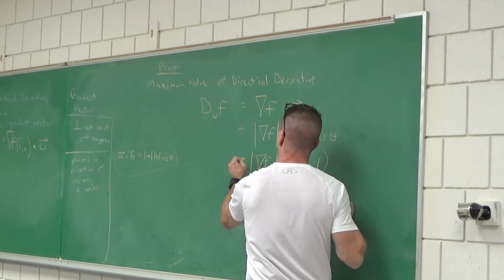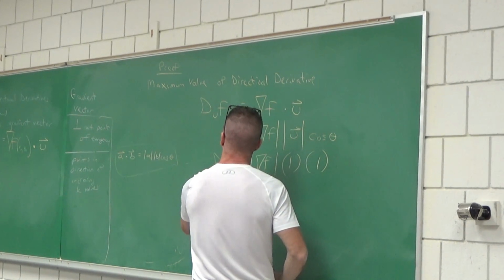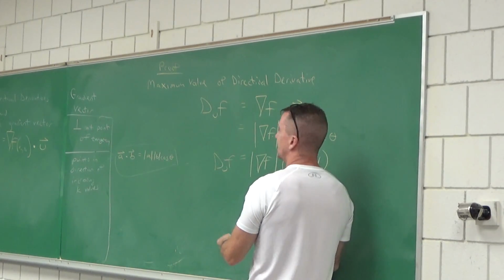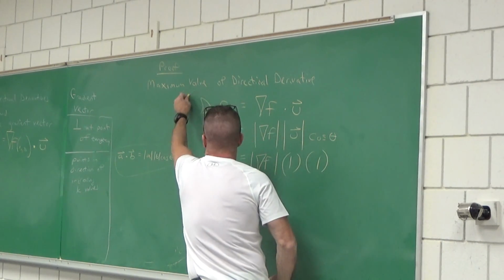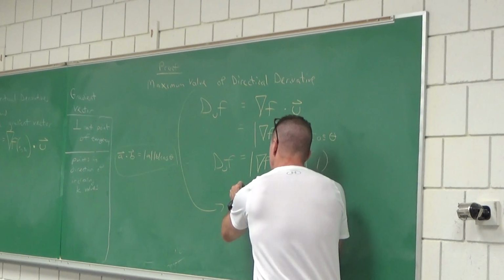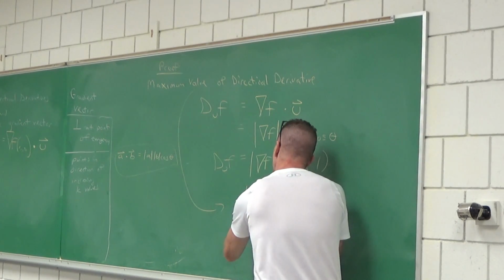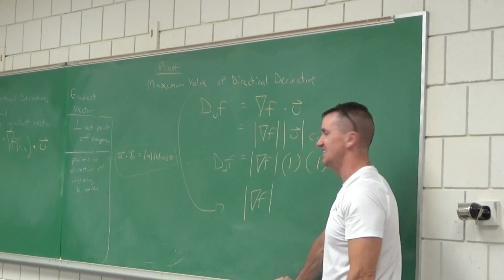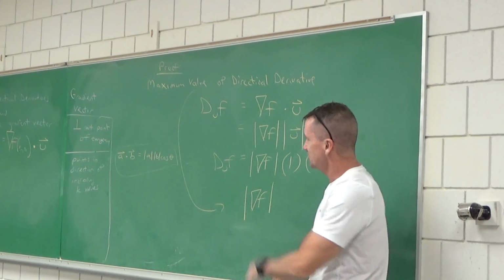We're just going to make our own separate theorem. We'll leave this up all class. The maximum value of a directional derivative will always just turn into the magnitude of the gradient vector. Isn't that cool? So I'll just put it over here.